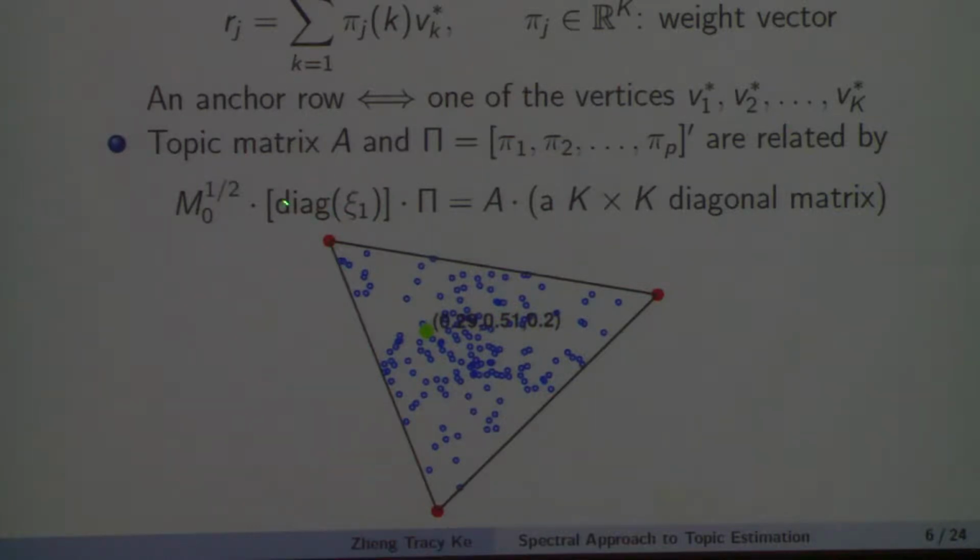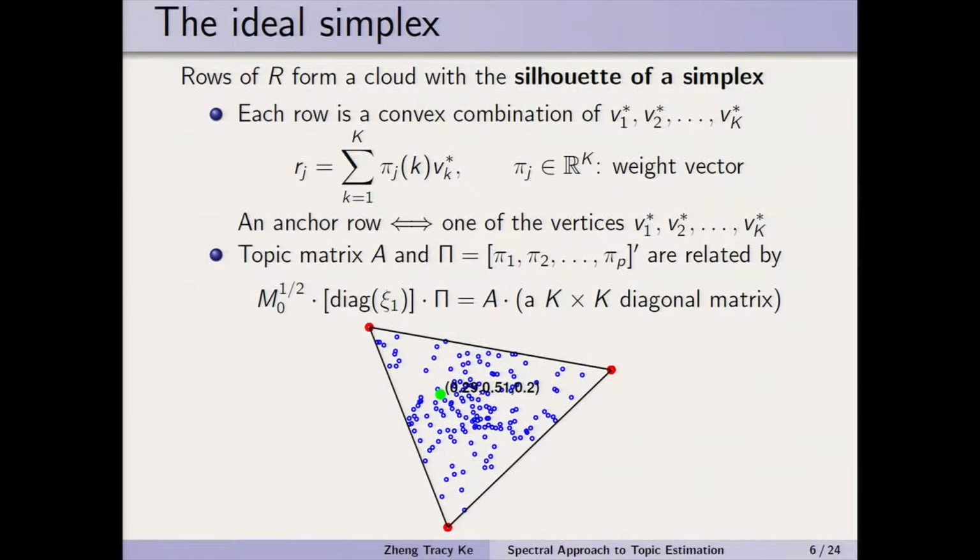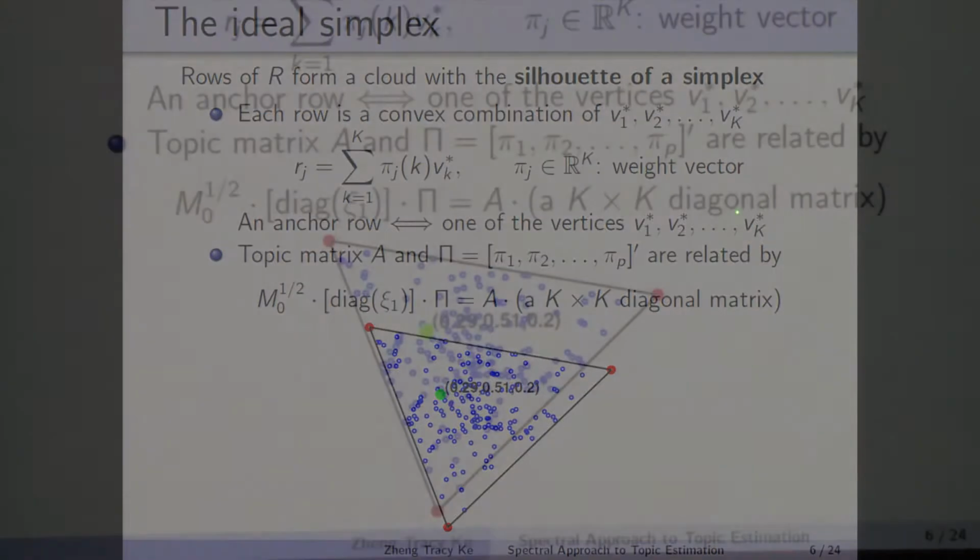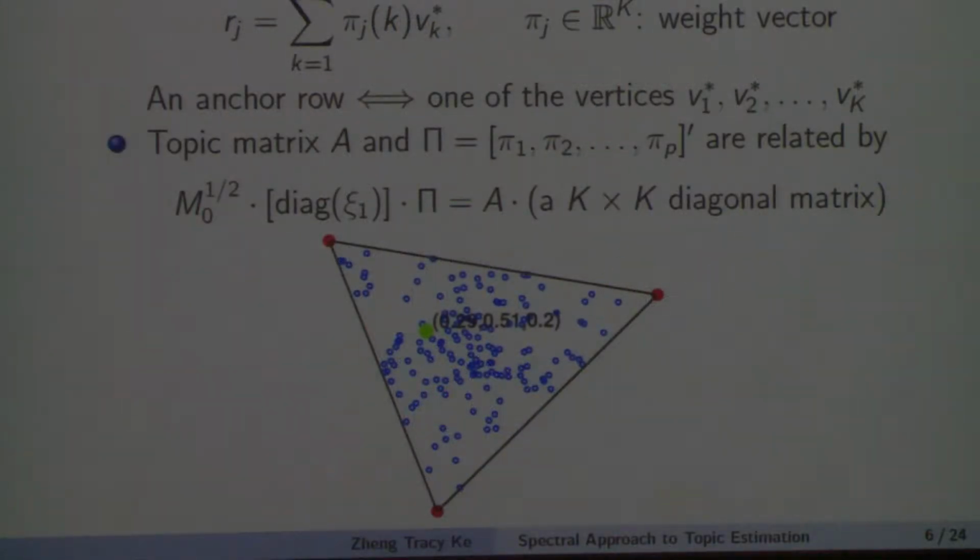On the left-hand side, this is a diagonal matrix where the diagonal entries are from the leading left singular vector. This is also a p by p diagonal matrix from the pre-SVD row-wise rescaling. So basically, both of these two matrices are known from the data. This k by k diagonal matrix is unknown, but it does not matter.